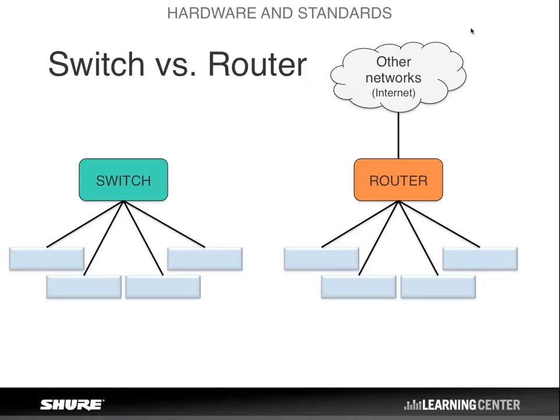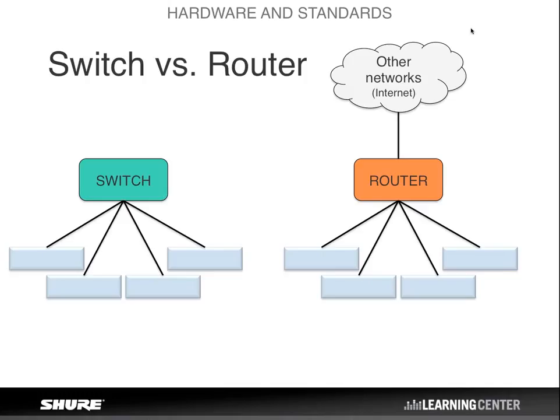So I wanted to demonstrate, or at least display, a really high-level comparison of what a switch and a router could do. And somebody in the last webinar corrected us here, and I'll speak to where there might be a little bit of an error here. But if you look at the left, this indicates sort of the function of a switch. A switch is a thing that multiple networked devices connect to. And a router, in comparison, can often enable you to connect multiple devices together, but the key differentiator between a router and a switch is that a router has the capability to connect you to another network.